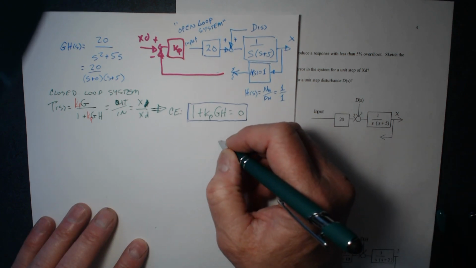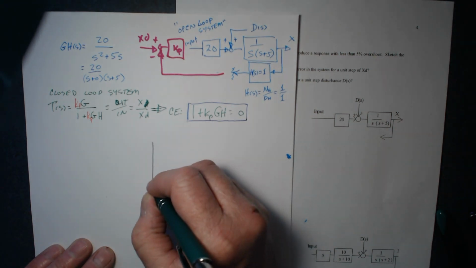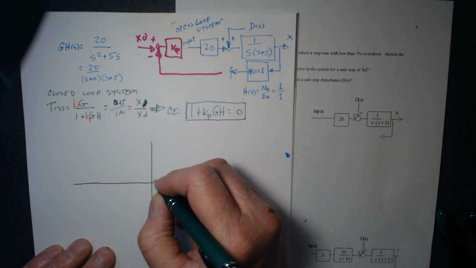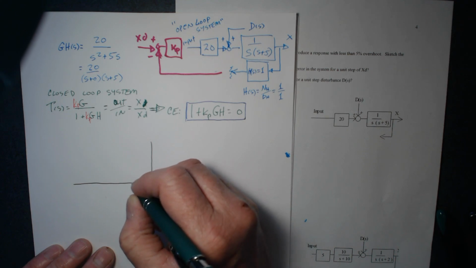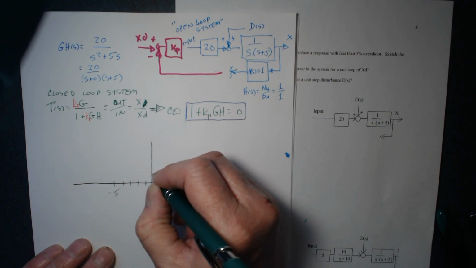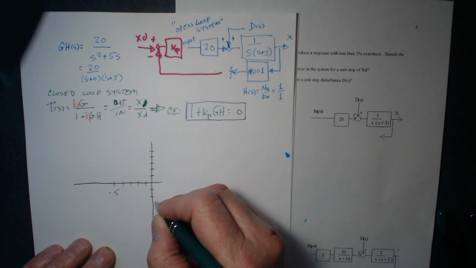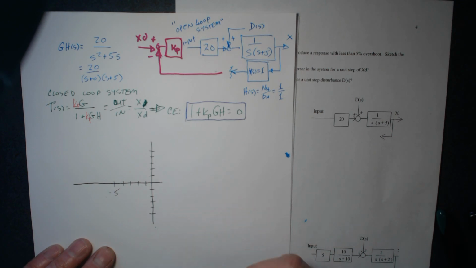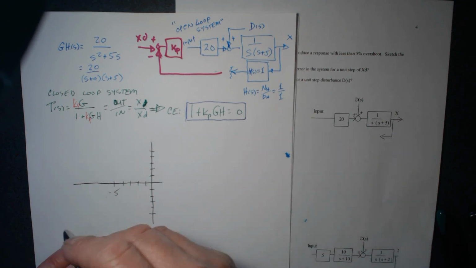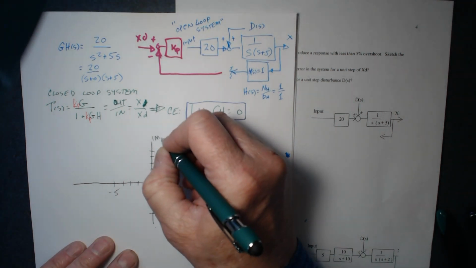The reason I'm drawing a root locus for the open loop system is that I know 1, 2, 3, 4, 5, minus 5. The vertical ones you almost always screw up because your sense of proportionality is off in the up direction. This is the real and this is the imaginary.